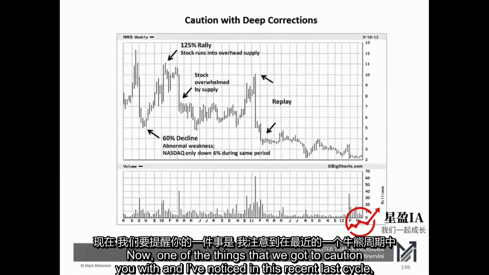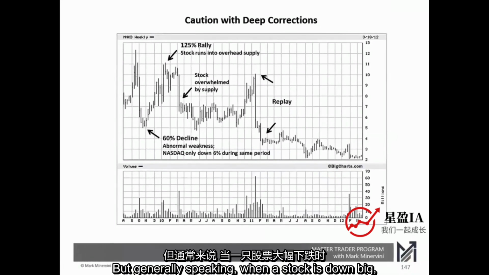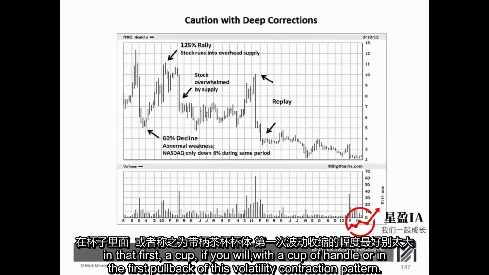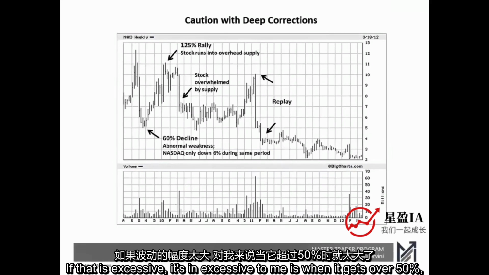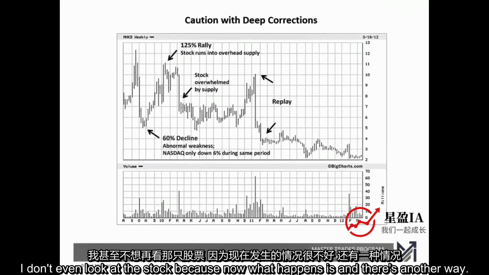Now, one of the things that we got to caution you with, and I've noticed in this recent last cycle, we have had a lot of stocks that have had pretty big declines, and some have worked. But generally speaking, when a stock is down big in that first cup with a cup with handle, or in the first pullback of this volatility contraction pattern, if that is excessive, and excessive to me is when it gets over 50%, I usually scratch it right off, and I don't even look at the stock.